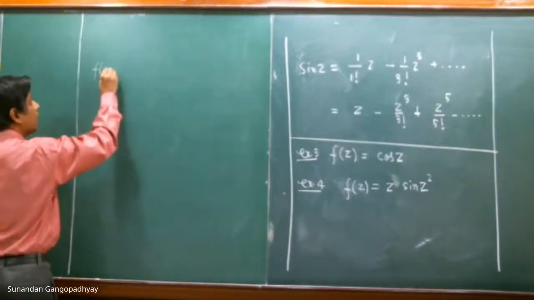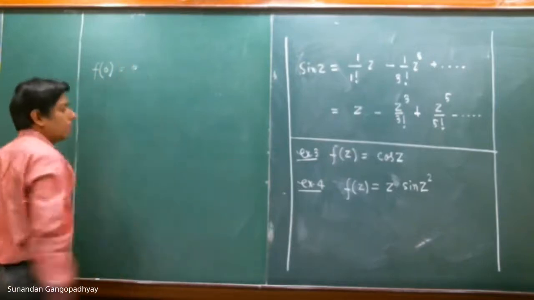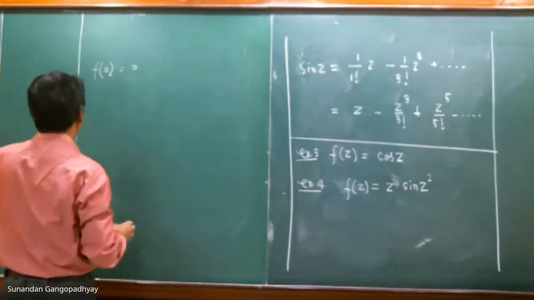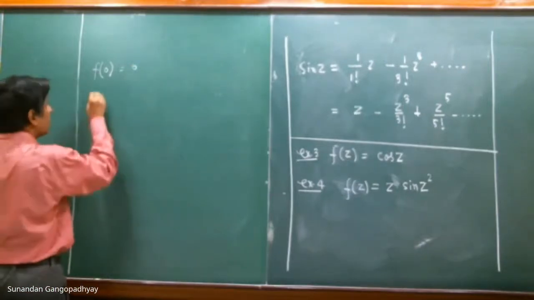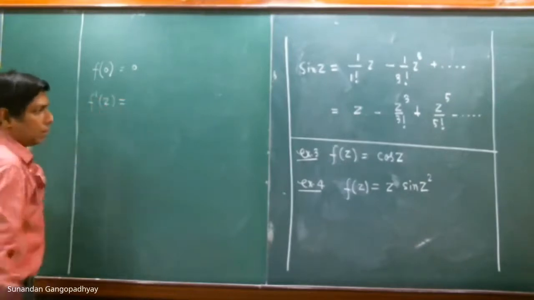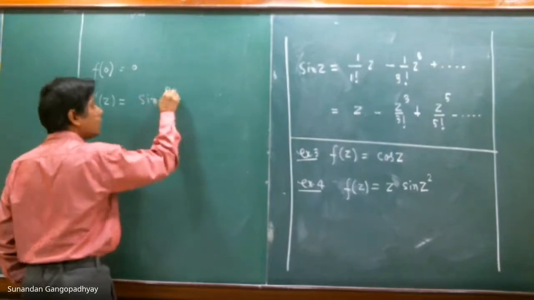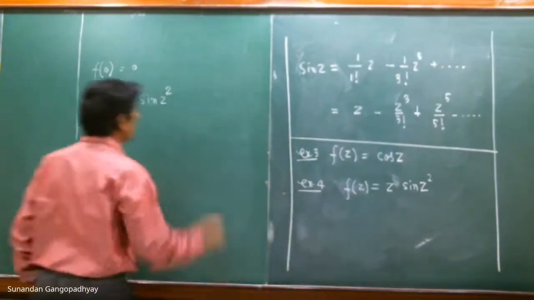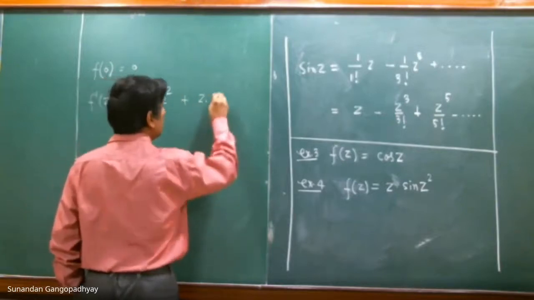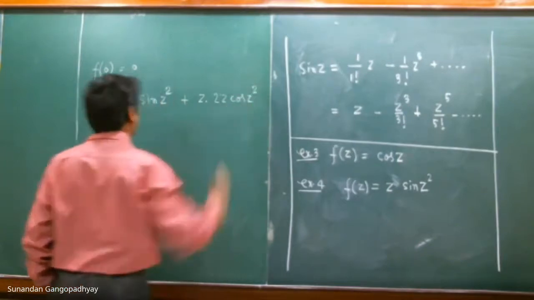So once again, evaluate what f of 0 is. f of 0 is 0. Now let us differentiate this. f prime z, if you differentiate this, you will get sine z square plus z into 2z cos z square.